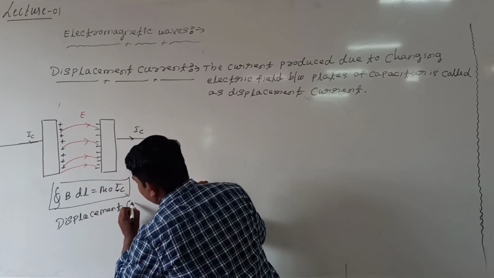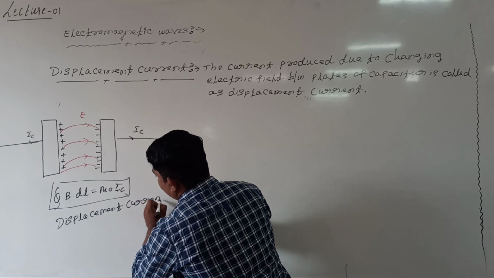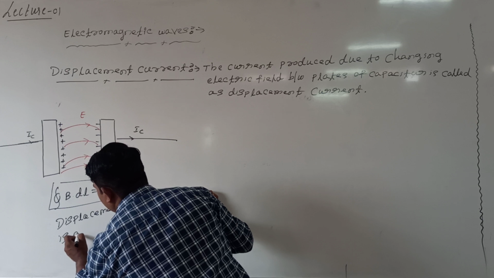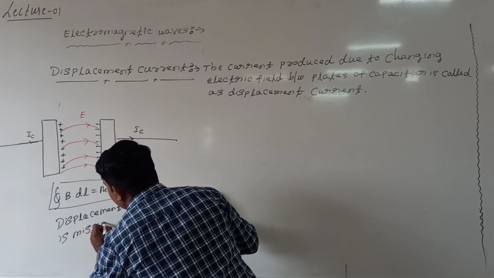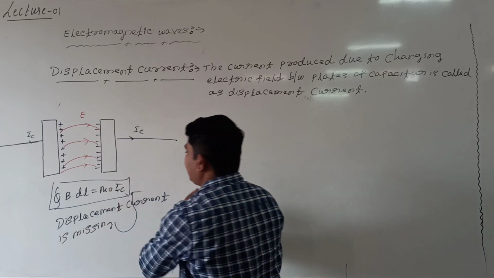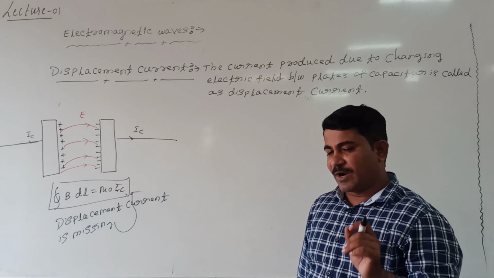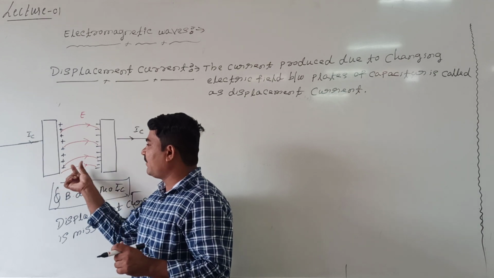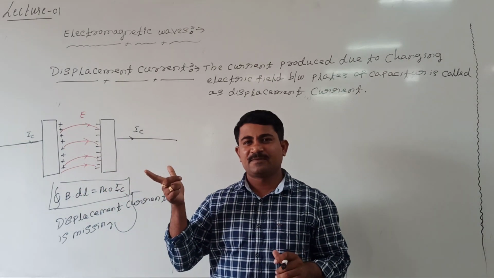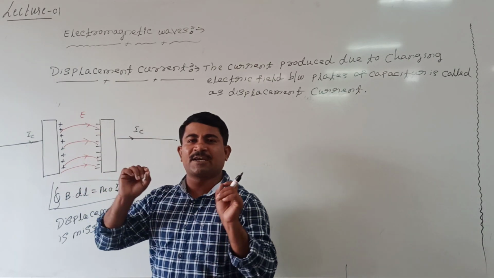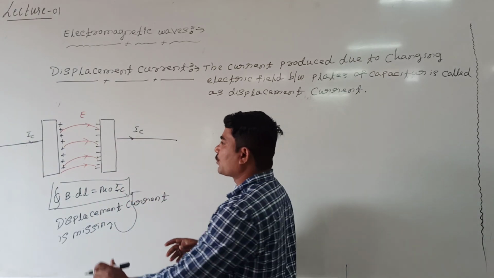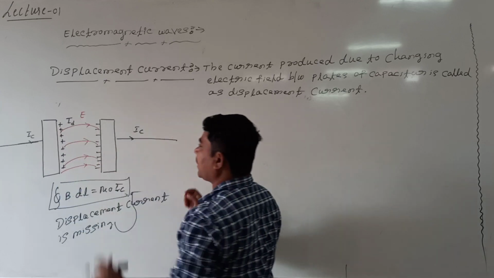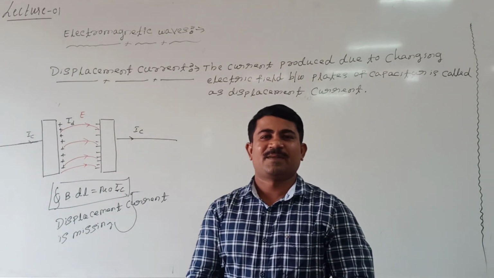So in this Ampere Circuit Law, what Maxwell says: wherever electric field changes between plates of capacitor and current is produced, that current we are calling displacement current. Between plates of capacitor, displacement current can flow. Are you following this?